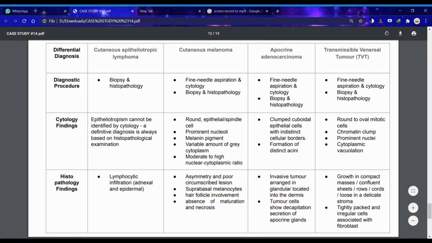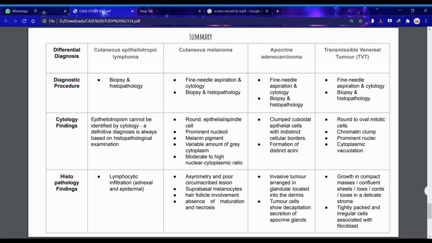Before we end our video, I would like to do a brief summary about the cases today. When we encounter problems involving single or multiple cell masses on the superficial part of the patient's body, the procedure that we usually follow is similar to how we diagnose a tumor.